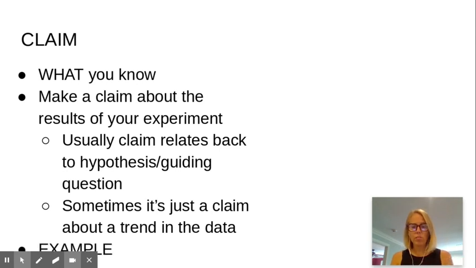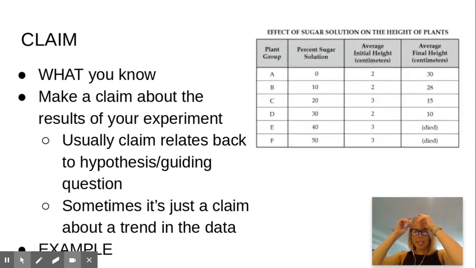I always find it easiest to work out of an example, and this will be important for the next couple of slides. Let's make sure we understand what we're looking at. You have an experiment that tested the effect of sugar solutions on the height of plants.